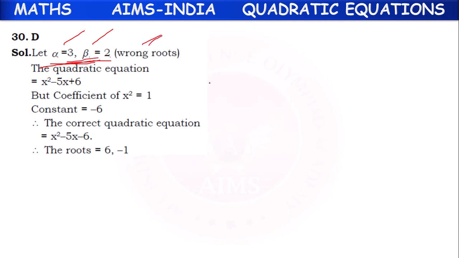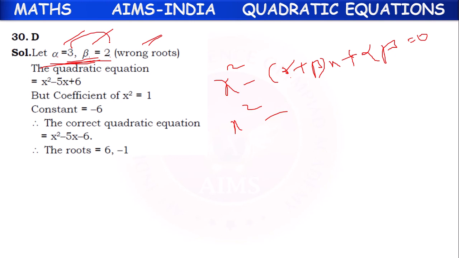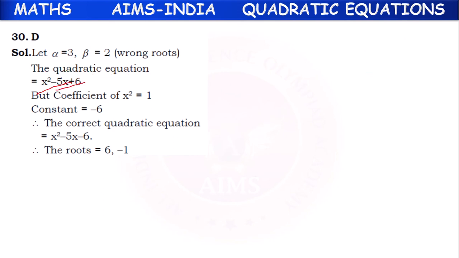If these two are the roots, then that equation will become x² − (α + β)x + αβ = 0, with the sum of roots and the product of roots. So x² − (α + β), how much? 3 plus 2, 5x, plus αβ, 3 into 2, 6. So x² − 5x + 6. This is the equation.